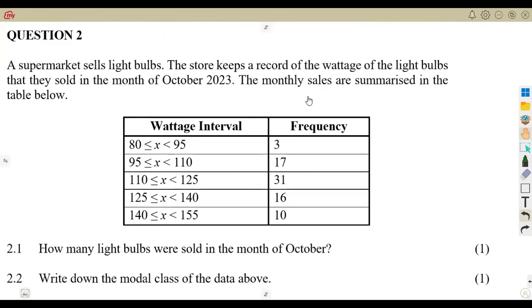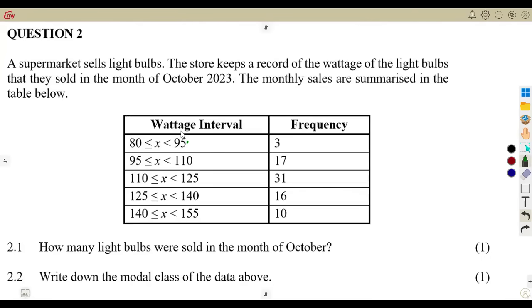On question number 2, that is of grouped information. We can see that this time we're given 80 to 95. This is grouped information. So a supermarket sells light bulbs. The store keeps a record of the wattage of the light bulbs that they sold in the month of October 2023.